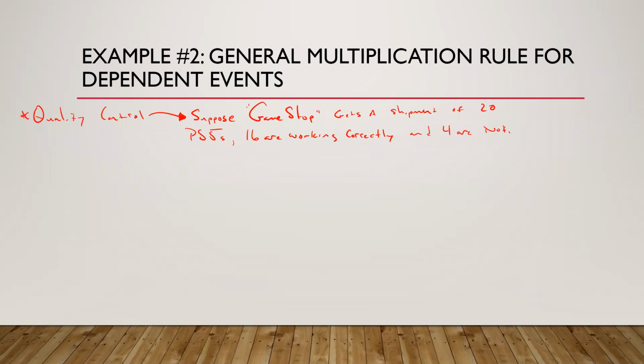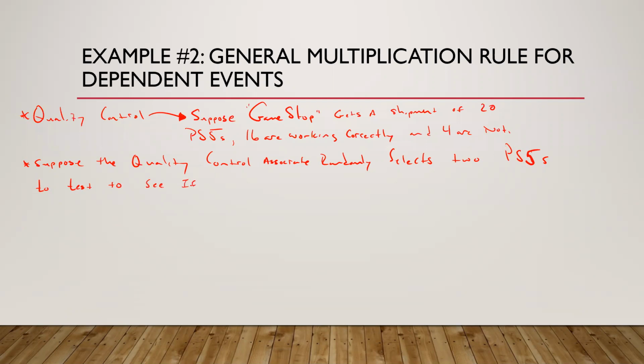So suppose the quality control associate randomly selects 2 PlayStation 5s to test to see if they work correctly.